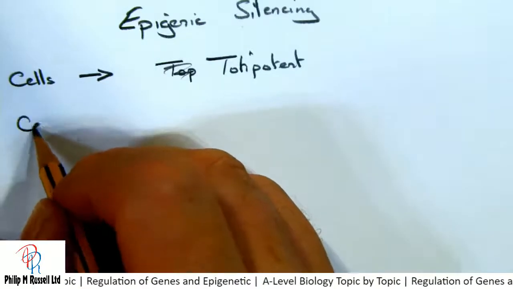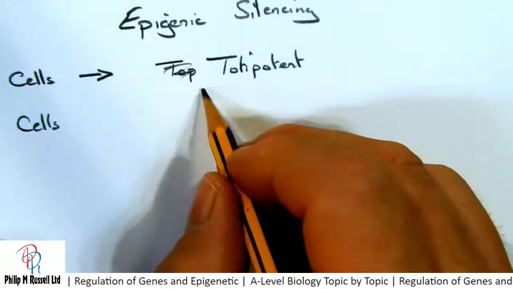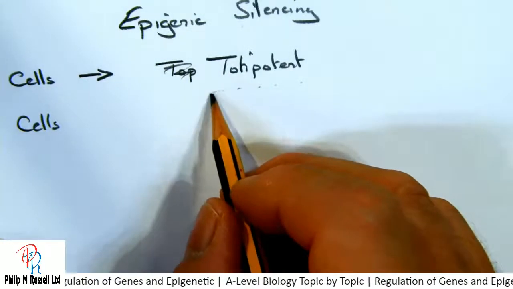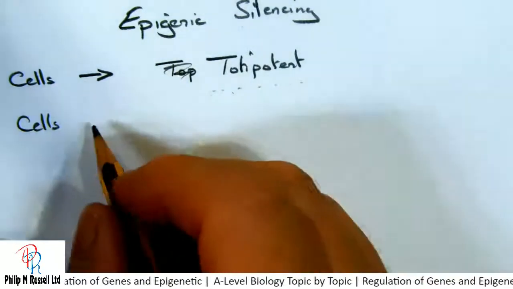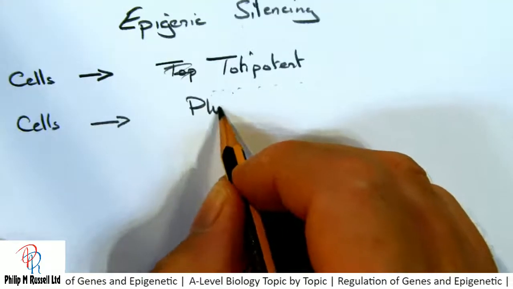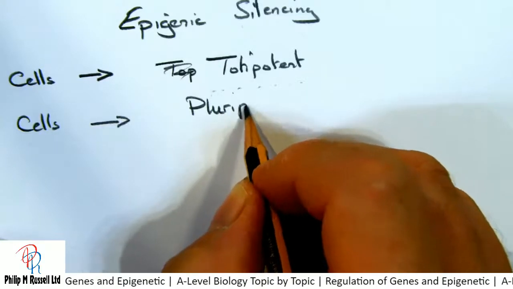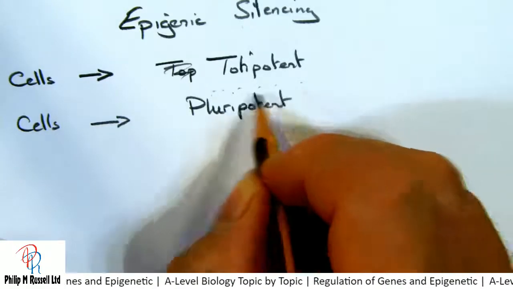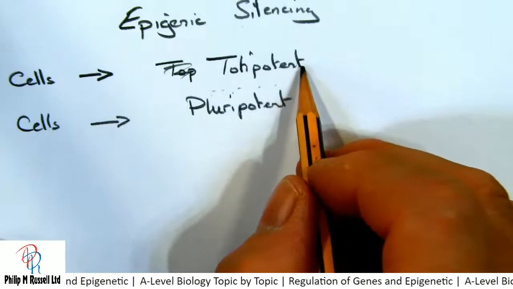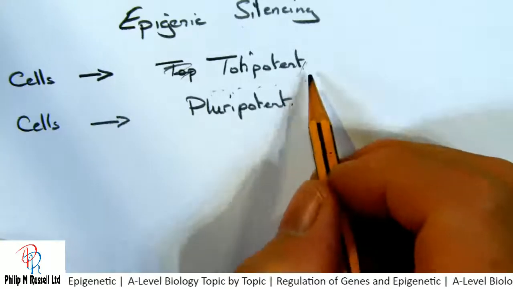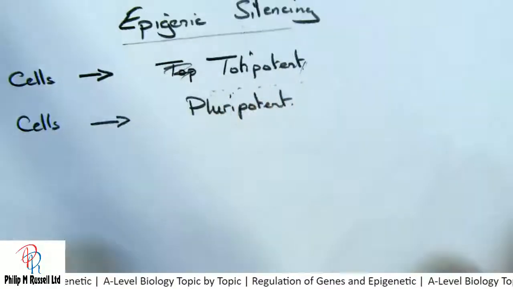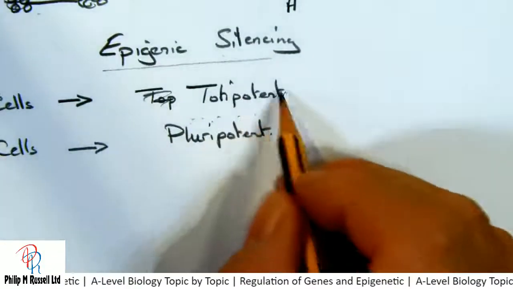Later, these cells don't need to make every bit, so they don't need to make things like placenta, umbilical cord, and various other things in a human, and so these cells become pluripotent. And those cells, the only difference between them is that they've got epigenetic silencing on some of those genes.